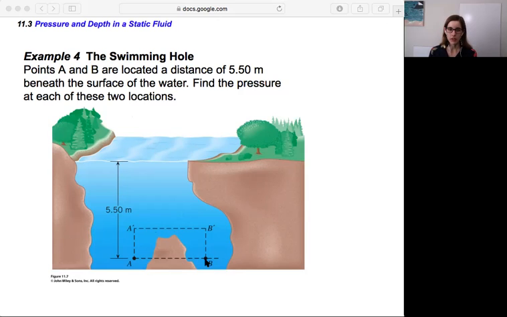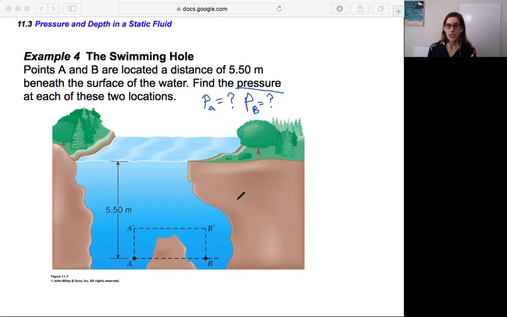So what do we know here? Well, first off, what are we looking for? We're looking for the pressure at each of these locations. So that means we want to find the pressure at point A, and we want to find the pressure at point B. So that's worth identifying just to start.